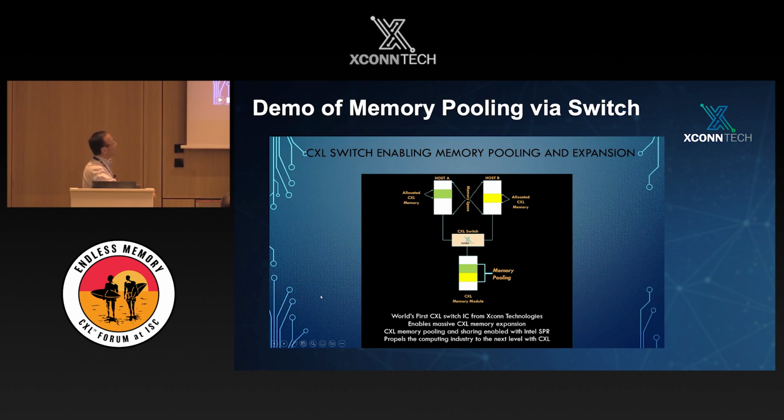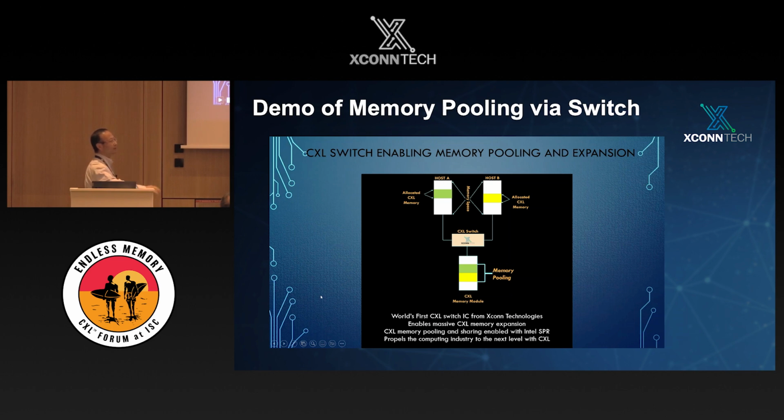This diagram shows two hosts, host A and host B. These two hosts have allocated HDM, which is going to use the CXL memory. These two segments of HDM, through our switch, actually map to a CXL device. So both hosts are able to share this one single memory device.